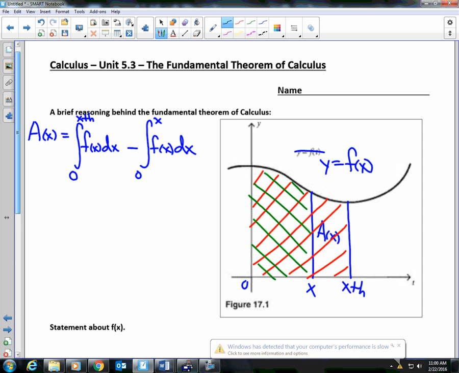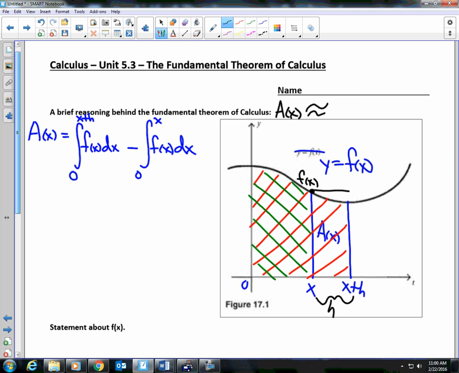Now I'm going to do something that might make you a little bit uncomfortable, but I got to do it. And that is, what is this distance right there? H. Very good. And so, before we've talked about kind of estimations using right hand, left hand, midpoint, all that piece. Suppose I looked at a left hand sum here, and I looked at the height times the width. What's the height of that rectangle? F of x. So would you agree that the area function is approximately equal to the width times that height.